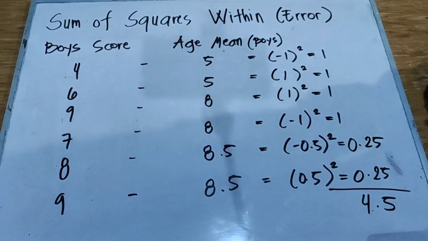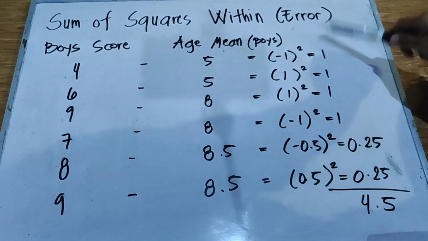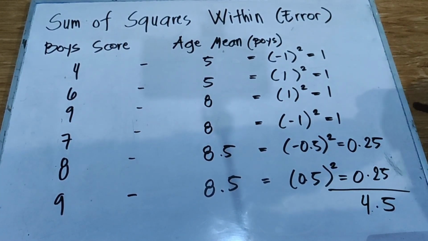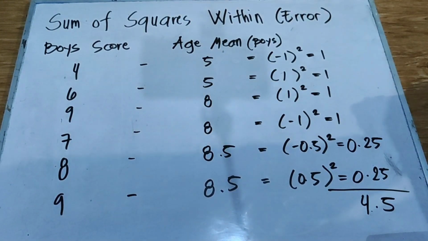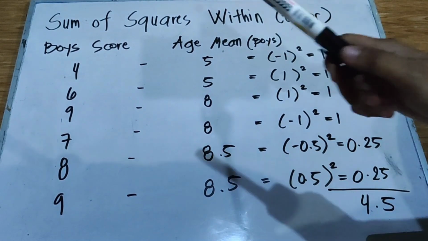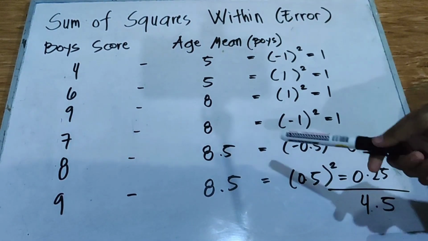So, let's now compute the sum of squares within or error. To get the sum of squares within error, you subtract the boys' scores and the age mean.